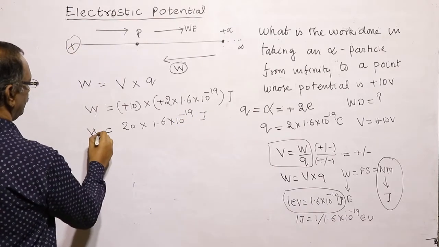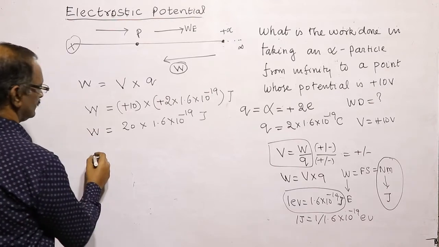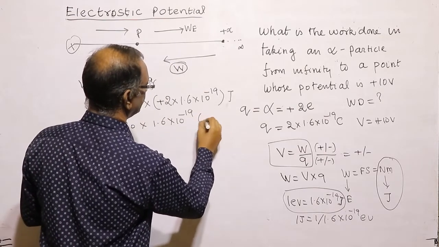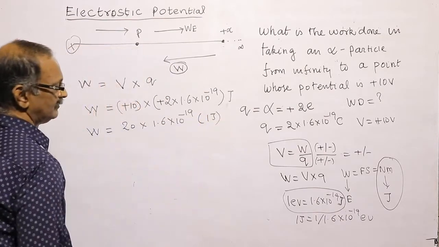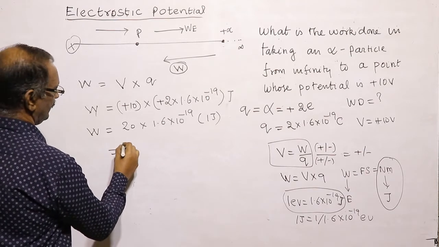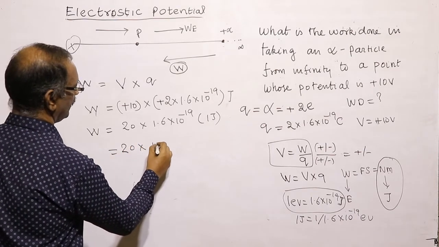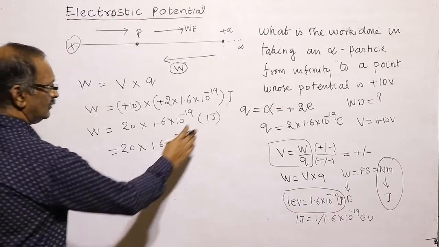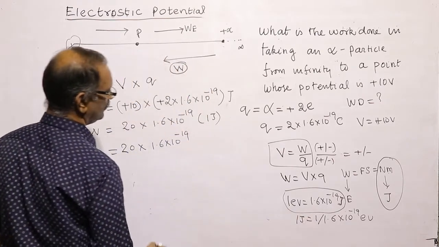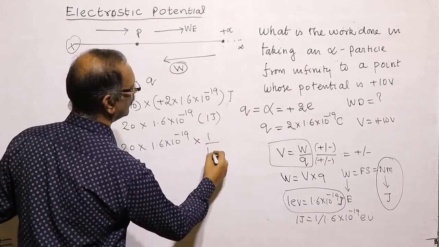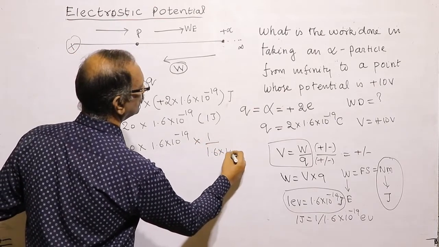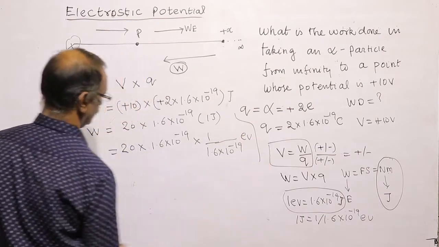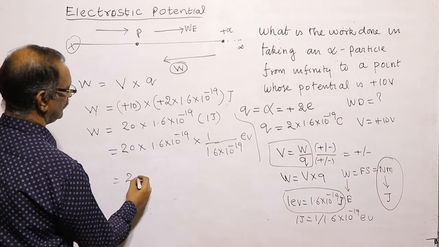If you calculate in electron volt, 1 joule is 1 by 1.6 into 10 to the power minus 19 electron volts. So this is equal to 20 electron volt.